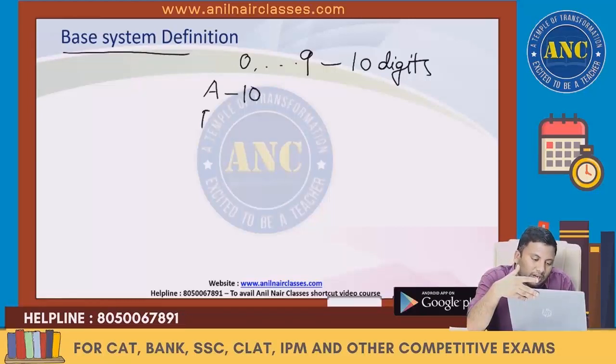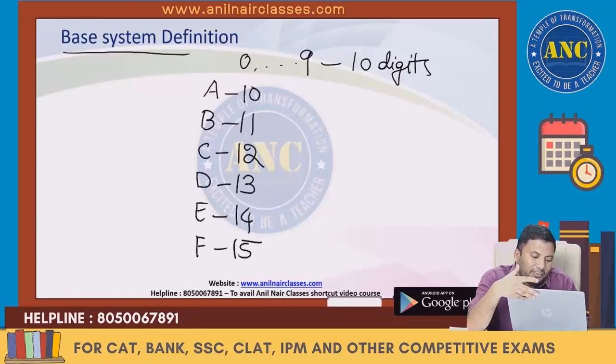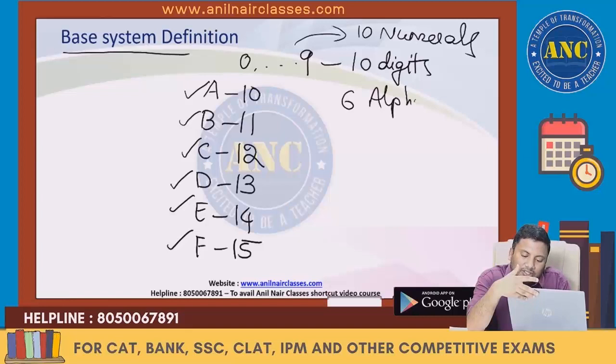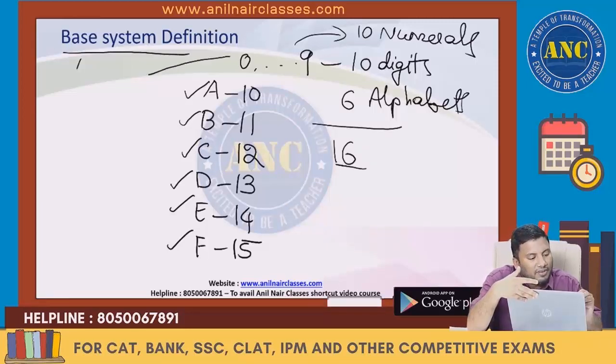A is nothing but 10, B is 11, C is 12, D is 13, E is 14, F is 15. So how many alphabets did I use? 1, 2, 3, 4, 5, 6. 6 alphabets. That means 0 to 9, 10 numerals, and I am also using 6 alphabets. So 10 plus 6, total 16 numerals and alphabets which I will use, which I call a hexadecimal system.